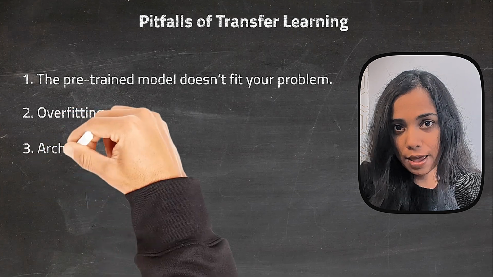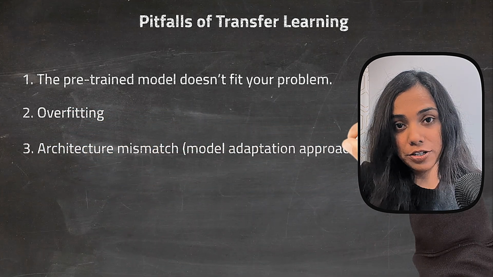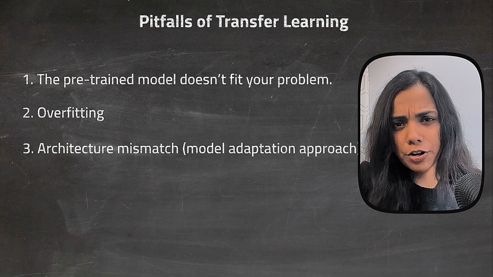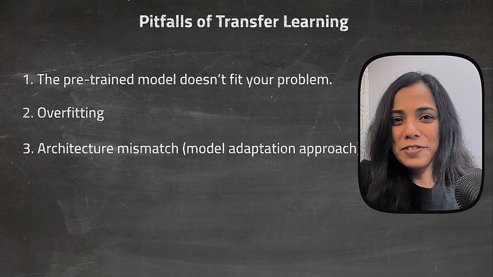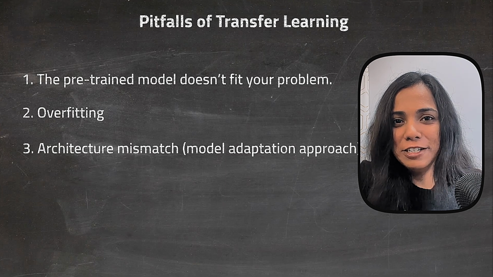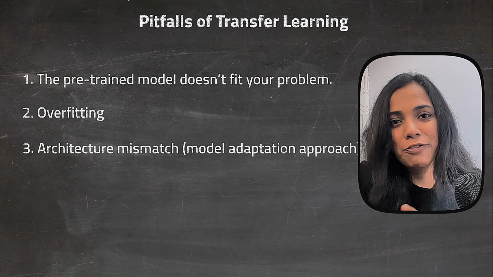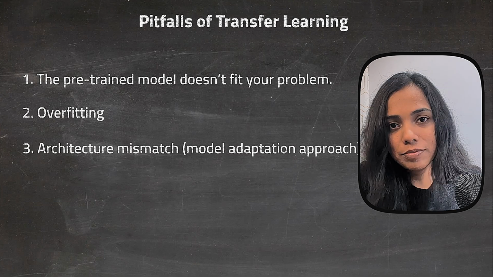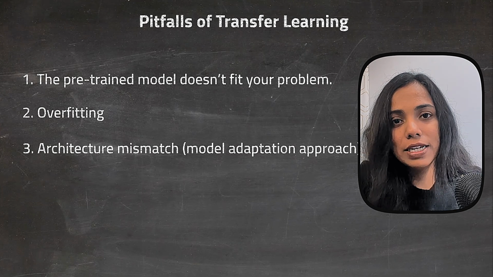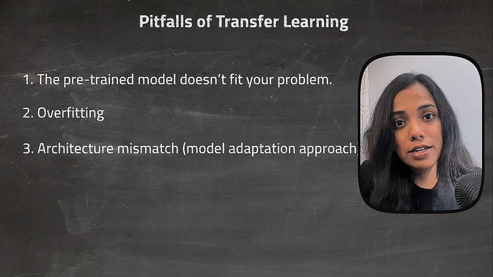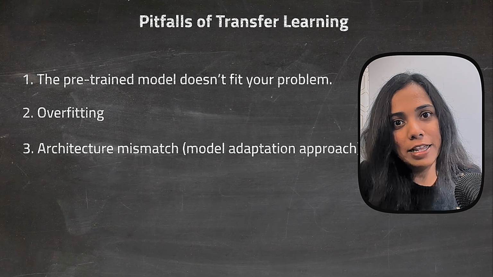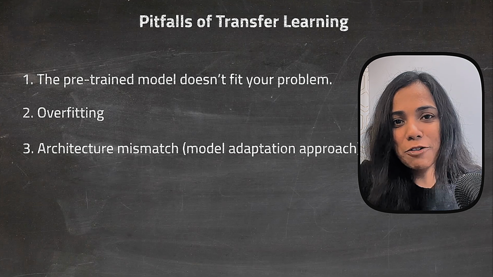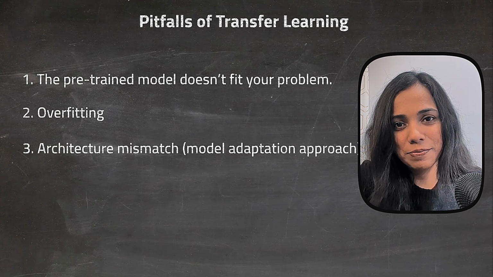The third issue that can happen is architecture mismatch. This can happen when you're doing domain adaptation. So you can't graft layers from a completely different model or a family of models without careful adjustments, which is to say that you can't simply take a layer or several layers from one model and then plug it into another model without making a few adjustments.